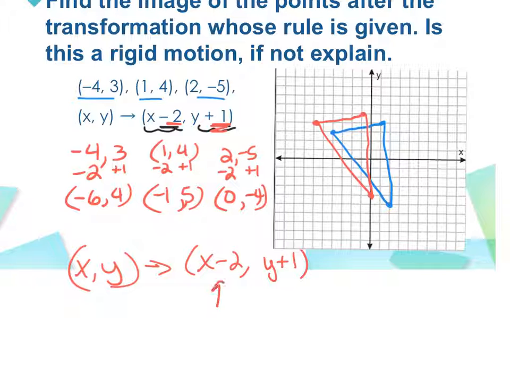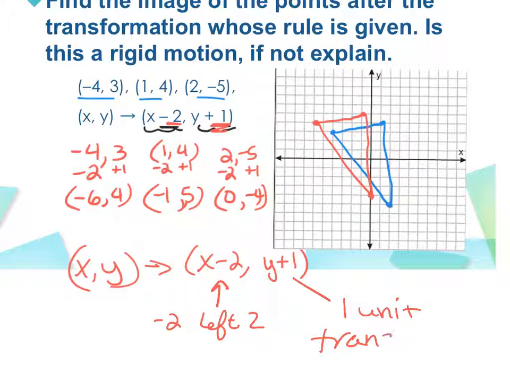When we add or subtract to the x, that will move our figure left and right. So when it's a -2, this would be a shift to the left, 2 units. Over here for the y, this tells me up and down. And because it's +1, this would be 1 unit up. So they shifted all of the original points 2 units to the left and 1 unit up. This transformation is a rigid motion and it's a translation.